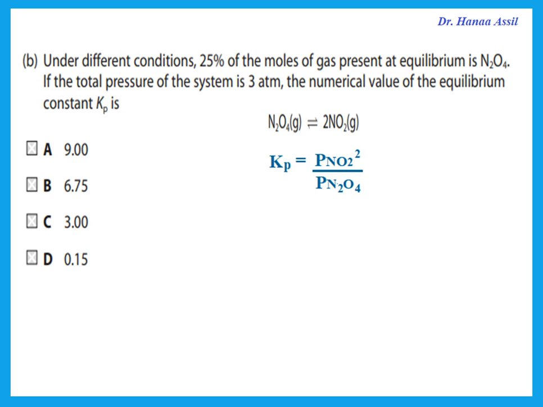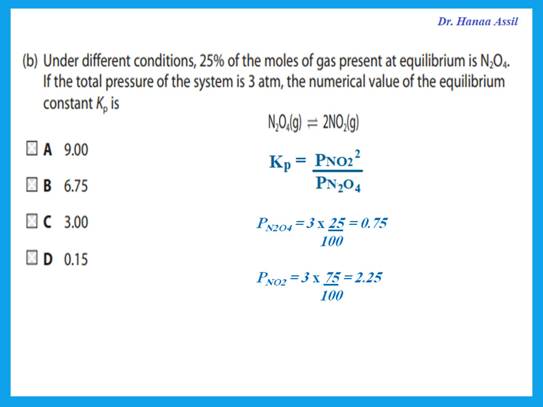At equilibrium, we have 25% of the moles as N2O4. So the partial pressure of N2O4 is 25 over 100 times the total, which is 3. So the partial pressure of N2O4 is 0.75.